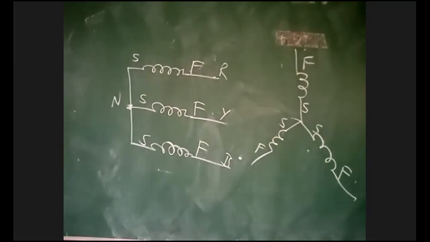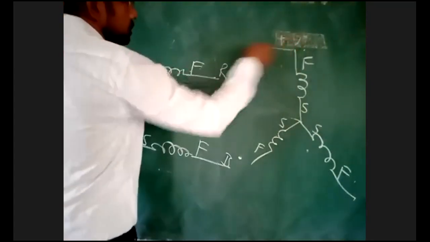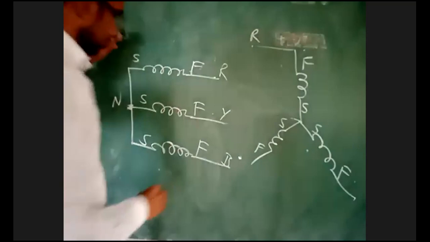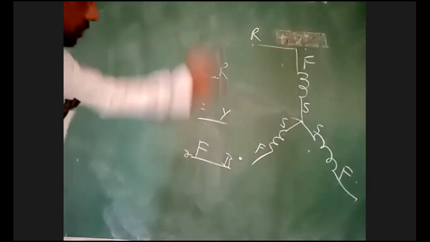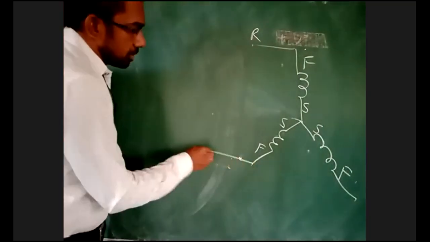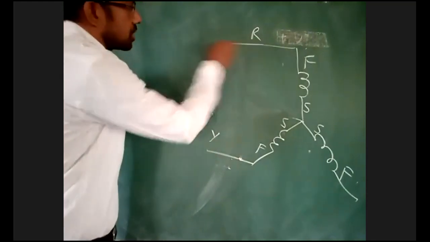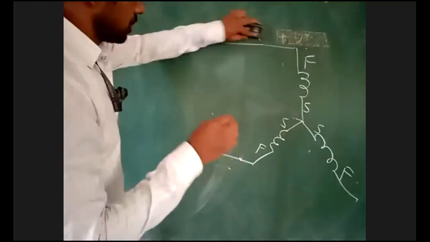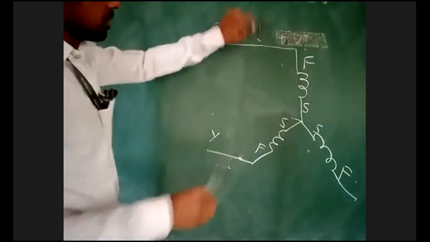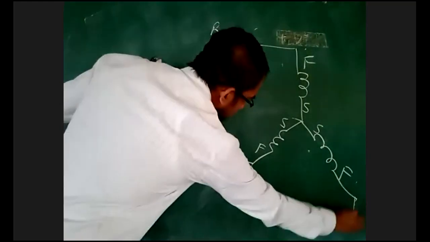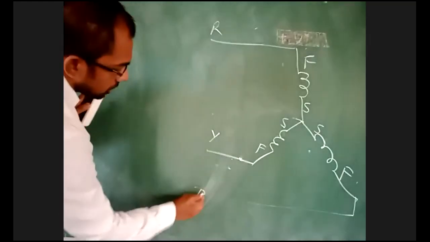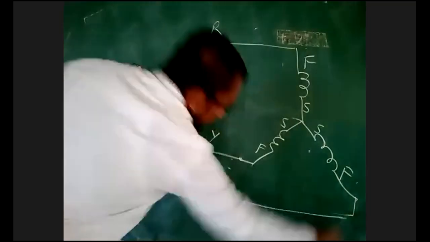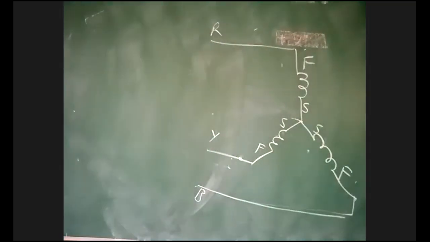Finishing points: R phase, Y phase. This is your R phase, Y phase, and this is your B phase.